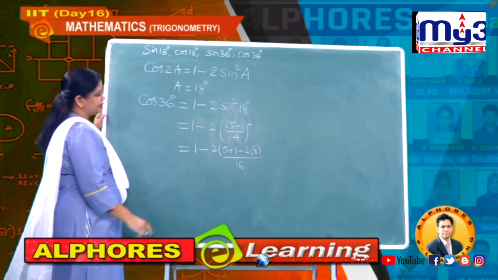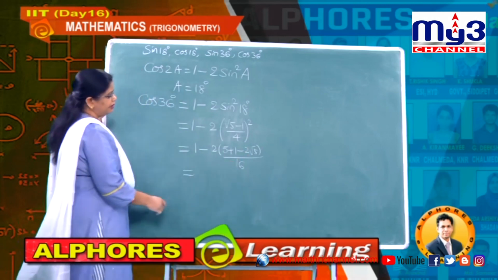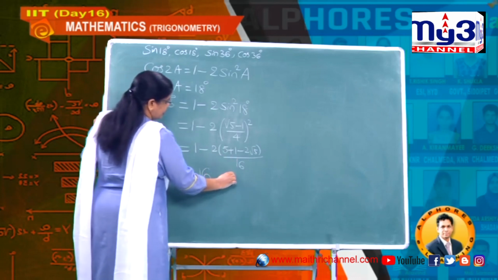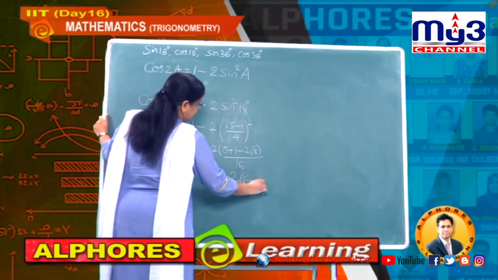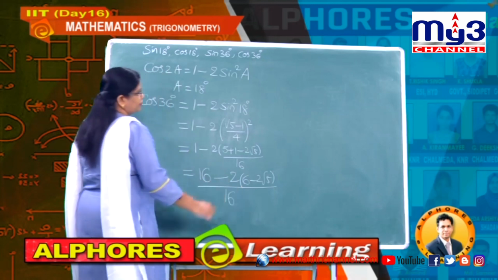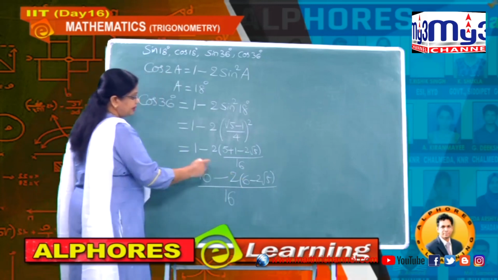Got it students? And now this 16 as it is I am putting, earlier also we have done like that. Now let us take this as LCM. 16 minus 2 into, this is 6 and minus 2 root 5, and whole divided by how much? 16.